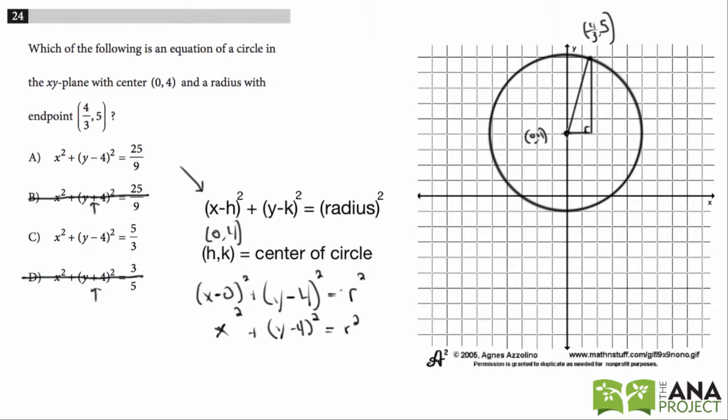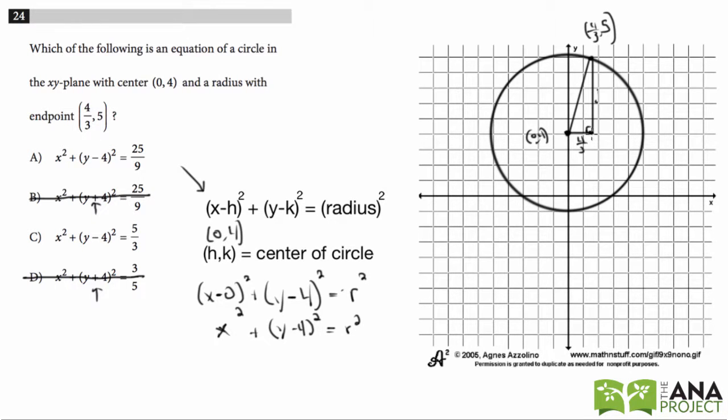From here to here, we know this coordinate is (0, 4), and this is (4/3, 5). So from here to here, that would be 4/3.